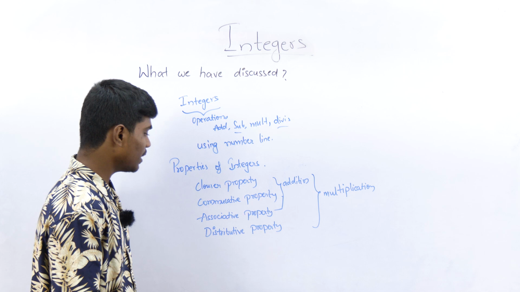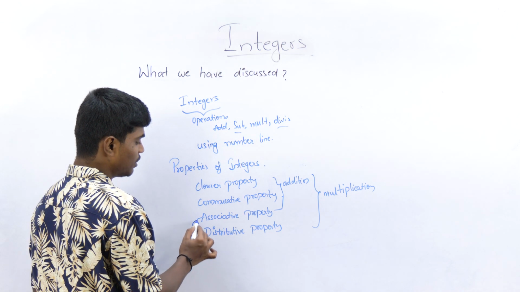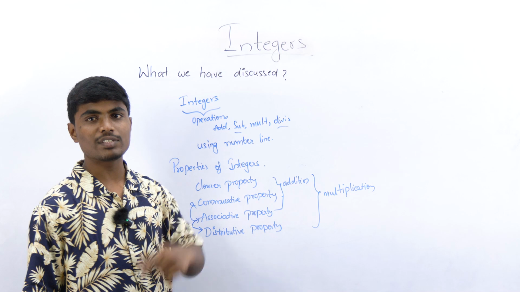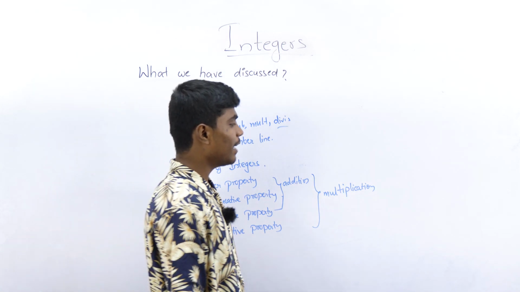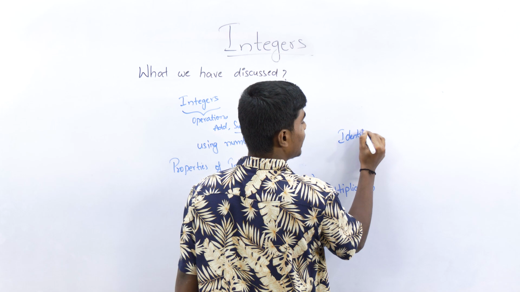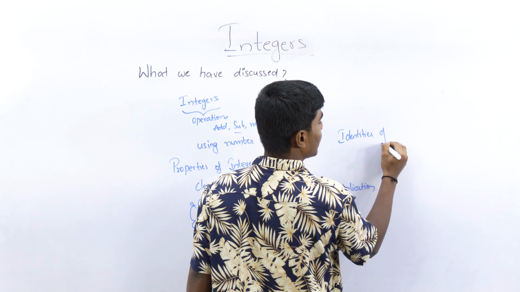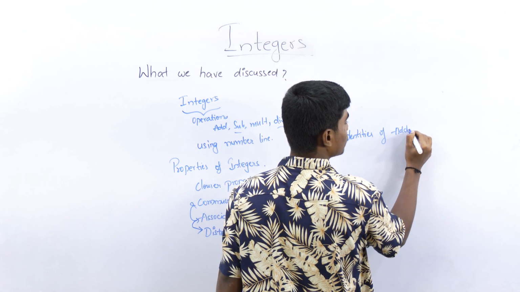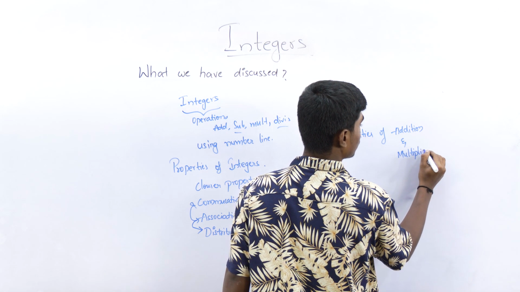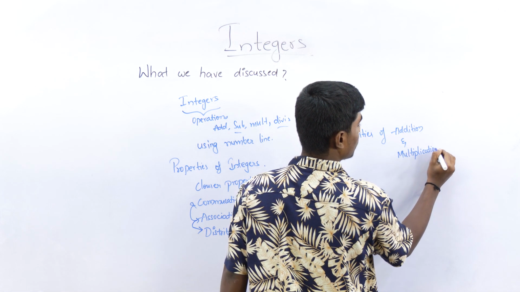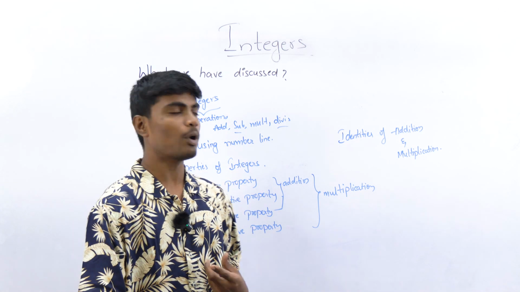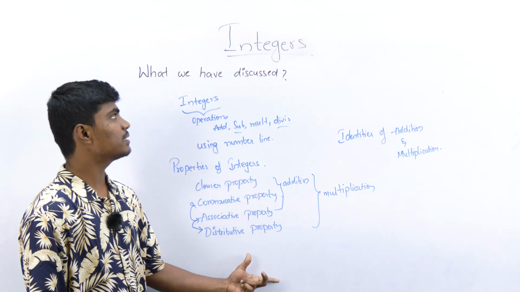And we came to know that associative property, distributive property, commutative property are not applicable in subtraction and division. See, and we have discussed the identities of addition and multiplication. And we have solved the exercise and their problems. See, these are discussed in this chapter.